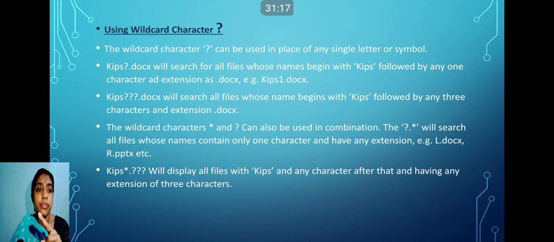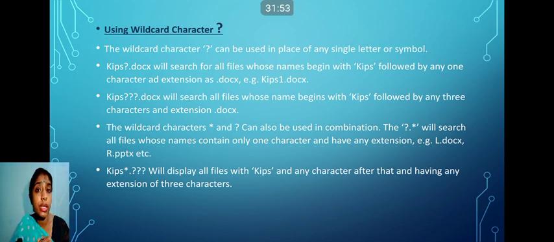Suppose we forgot the file name and the extension name, and we want to search all the files in the computer. What you will do is star dot star, because star shows any number of characters, and the extension also can have any number of characters.